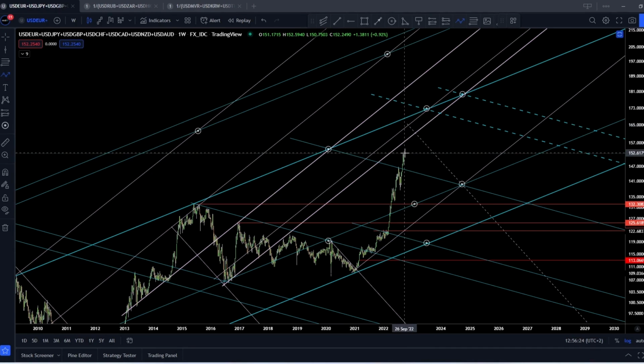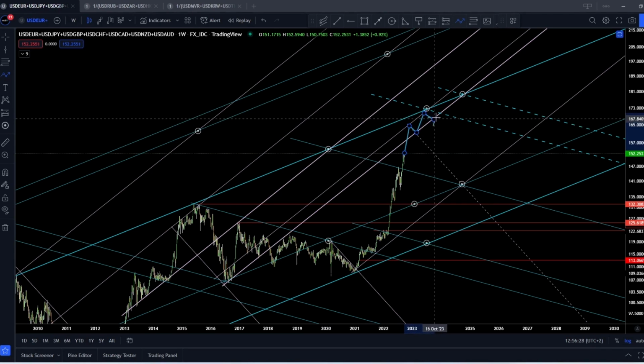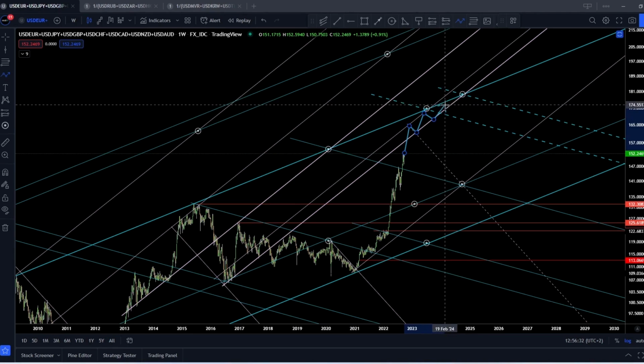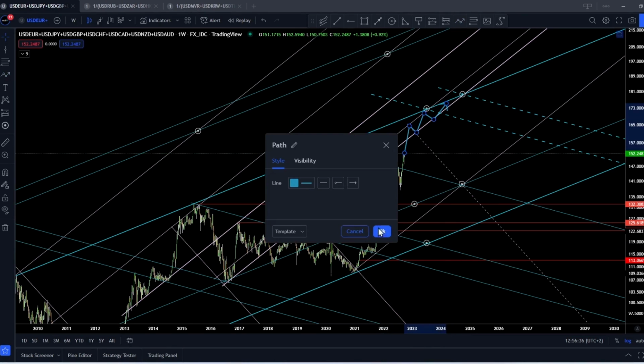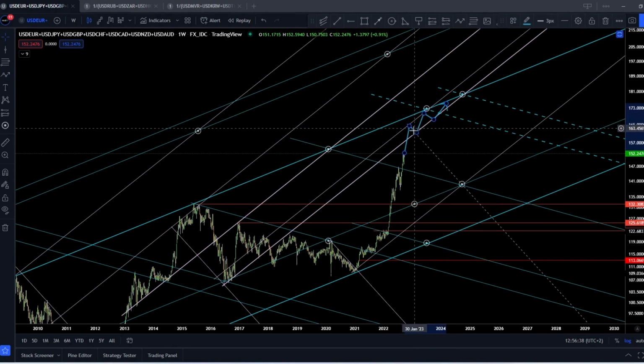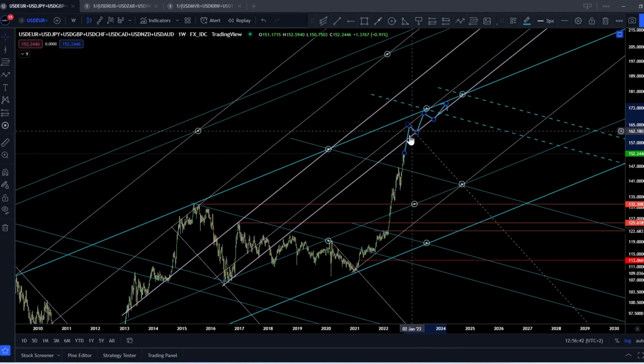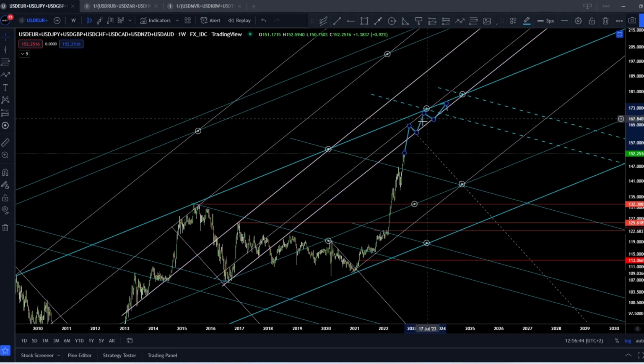This channel here could also enable us to infer how the market could go upwards. We could get stagnated here and establish a plateau within this smaller area close to the upper blue ascending resistance.